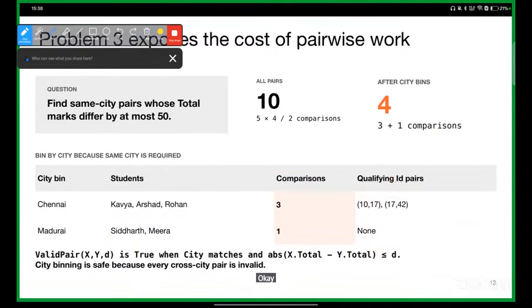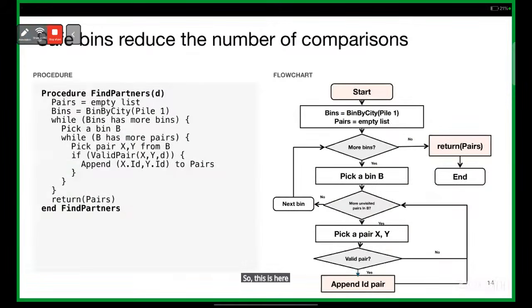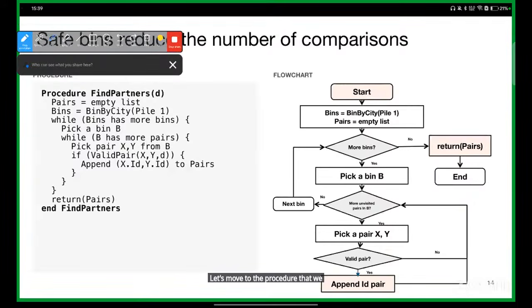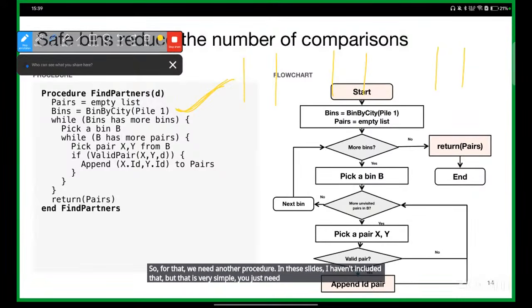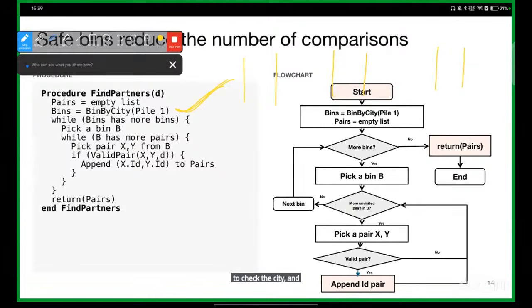Okay. So if this is clear, let's move to the procedure that we will use. First of all, as you remember, we had to create bins, right? For that, we need another procedure. In these slides I haven't included that, but it is very simple. You just need to check the city, and based on that, you can create the bins.